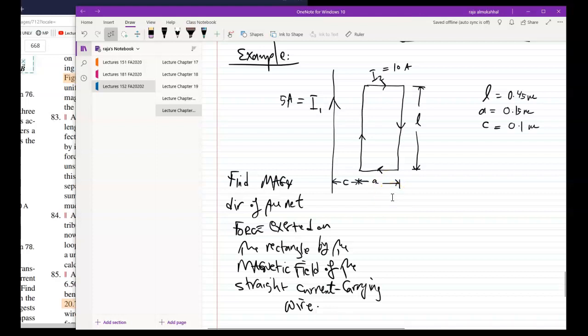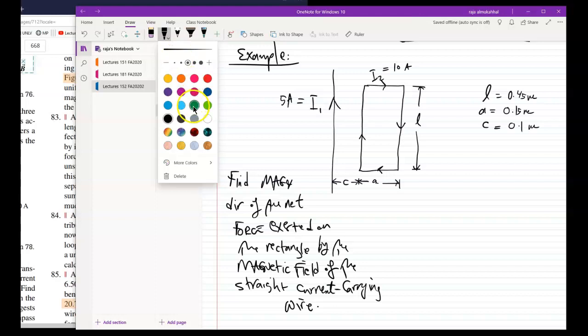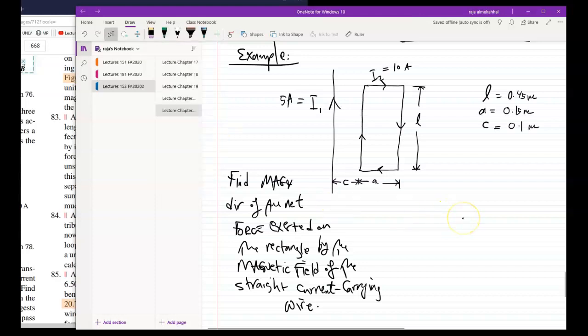Let me use a different color and just show you what that means. There it is. How about green? Okay, so between this, remember these are both wires in the same direction, so they will be attracting each other. So let's call this side of the wire side 1, and this one is side 2.